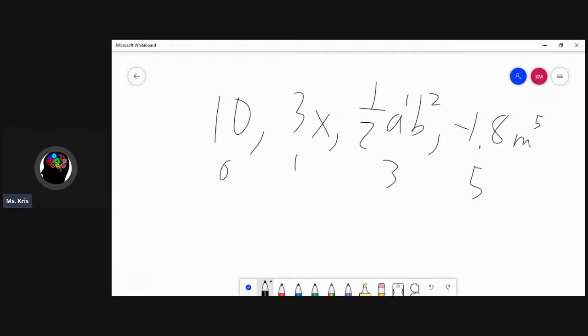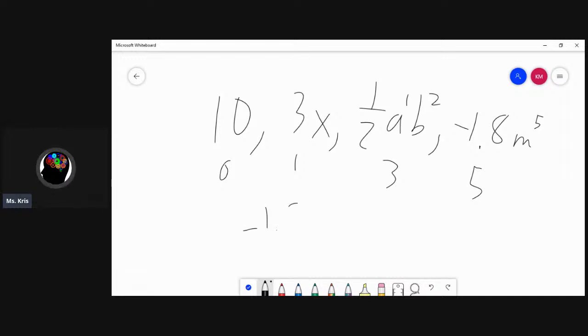If I want to rearrange them to the greatest first, which is how you will always line up your equations, especially when you are adding, subtracting, and multiplying your polynomials, your monomials, and your binomials, which are your one terms, your two terms, and your three terms, you will always line up to the highest degree.